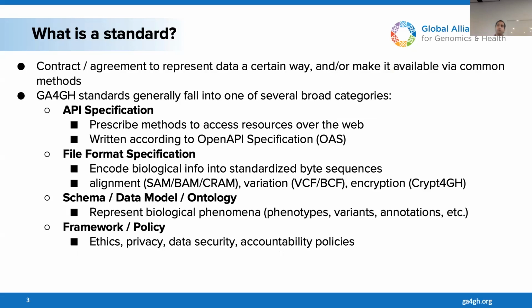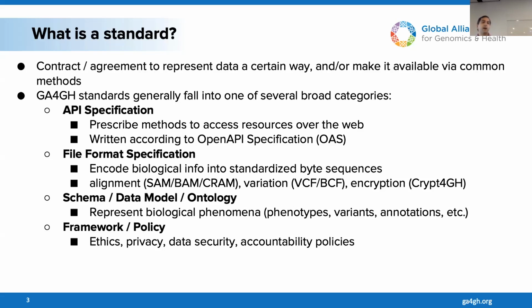So in terms of the GA4GH standards, they basically fall into one of several different broad categories. These can be viewed as an API specification, which essentially states different methods for accessing resources, genomic data over the web. A file format specification, so how does a series of bytes represent a genomic file, like a BAM file or a VCF file.